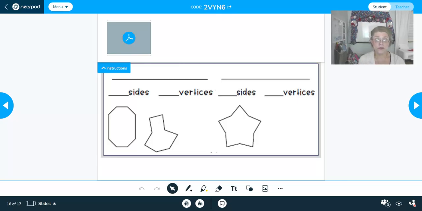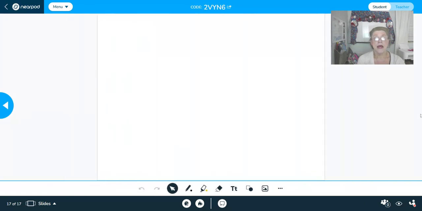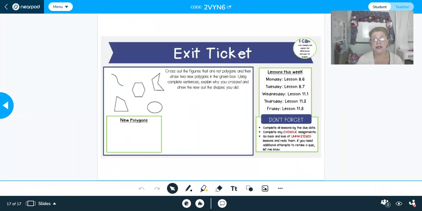Make sure you use your vocabulary list. And then finally, your exit ticket: cross out the figures that are not polygons and then draw 2 new polygons in the green box. Using complete sentences, explain why you crossed out and drew the new shapes you did. Sorry, bad grammar.